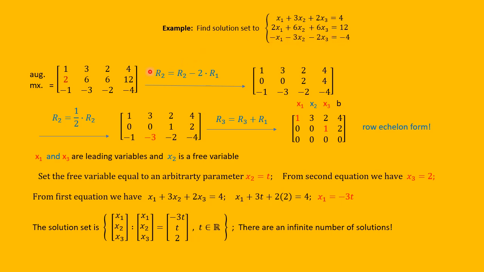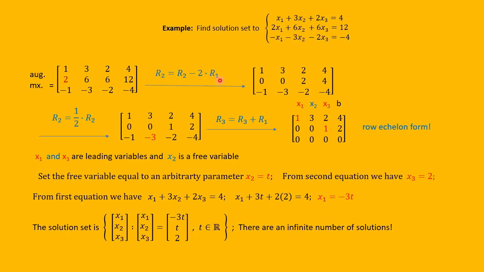So the first thing we would like to do is to use the 1 up here, this leading 1 in the first row, to get zeros in the rest of the column below it. So first we'll do row 2 equals row 2 minus twice row 1.